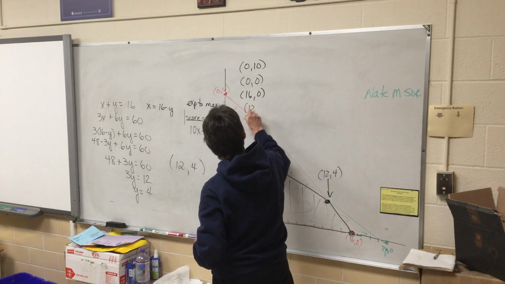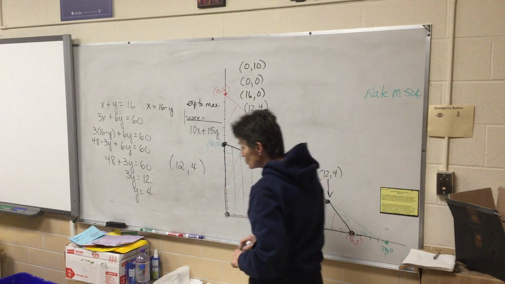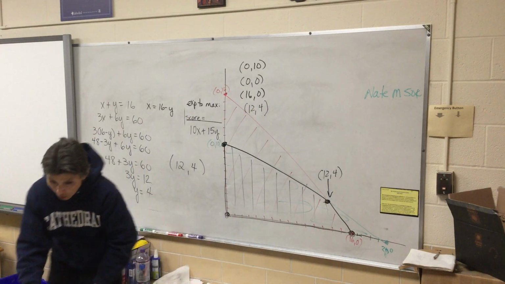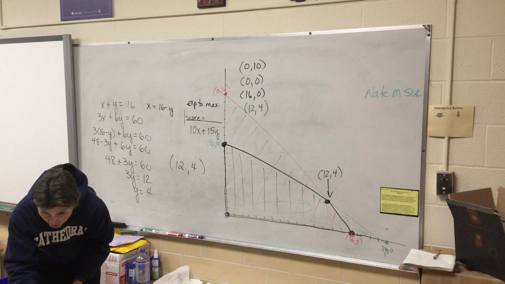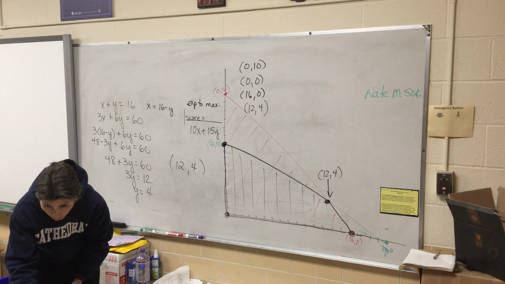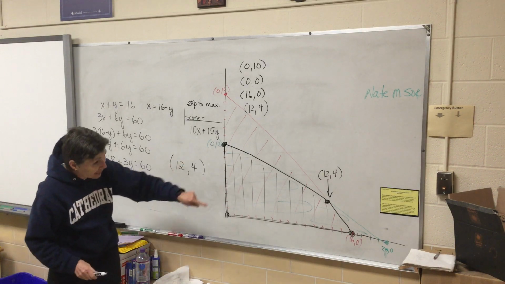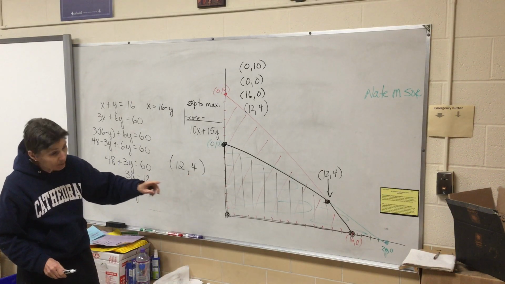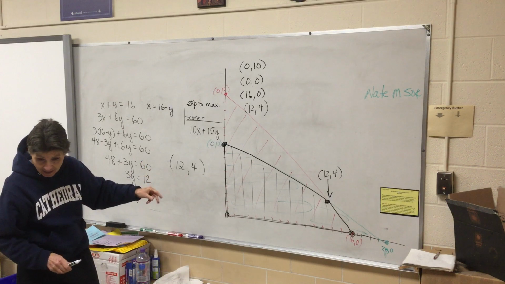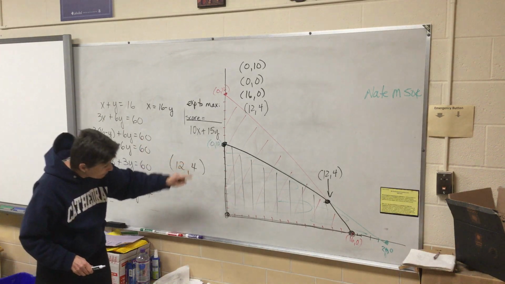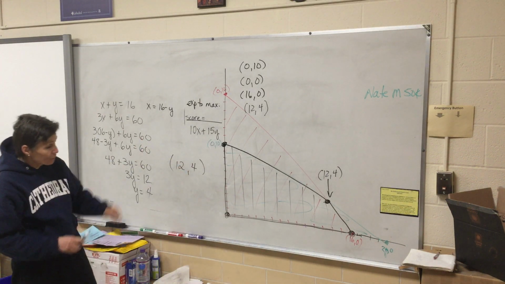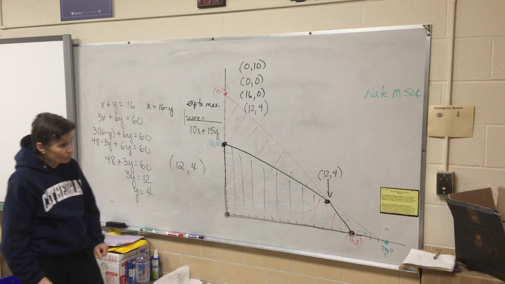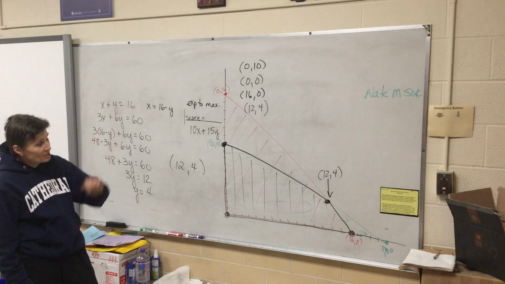So that means that the answer to the question, and this is always the case, is going to be one of these big black points. Some problems have 3, some problems have 5, some problems have 8 of them. But whatever your big black points are, the corners of your feasible region, that's going to be an answer.